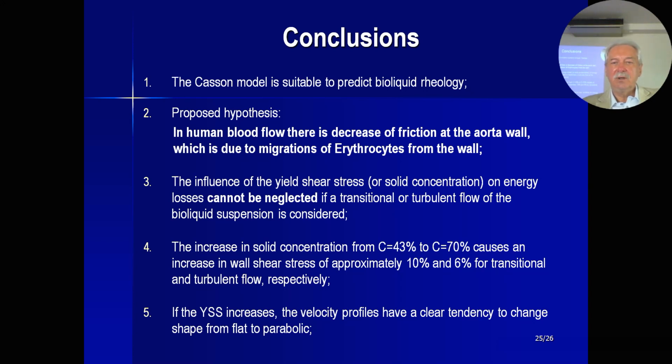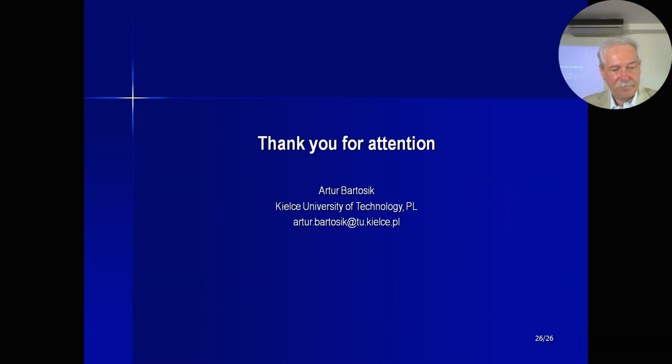In future research, it is very important to focus on what really happens at the aorta wall, how red blood cells behave at the wall. Do they migrate? How does it affect the wall shear stress? I truly believe that this kind of research is important in the near future. Thank you for your attention.